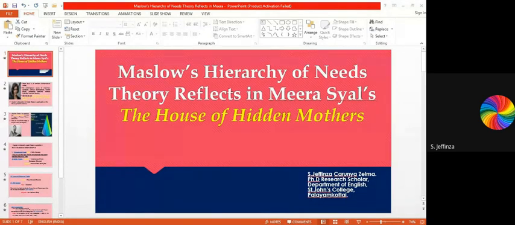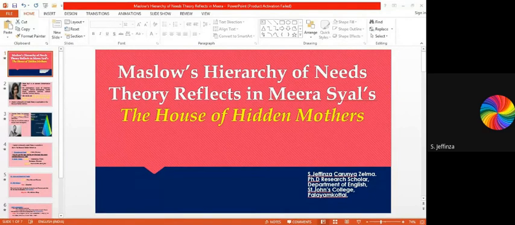Abraham Maslow is regarded as the father of humanistic psychology. He proposed the hierarchy of needs in 1943 in a paper, A Theory of Human Motivation. It is a fundamental theory in psychology which is useful in everyday life.